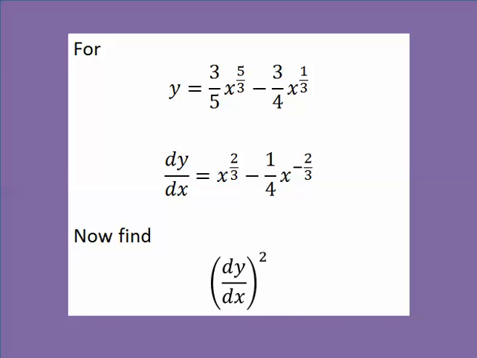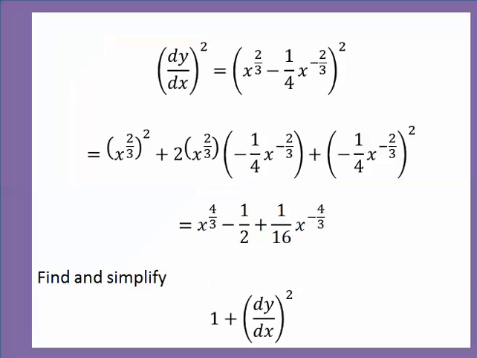After we find dy/dx, we need to square it. After we square dy/dx, we want to add 1 and simplify it as much as we can, because remember, this is going to go underneath a radical, so we want it as simple as possible.